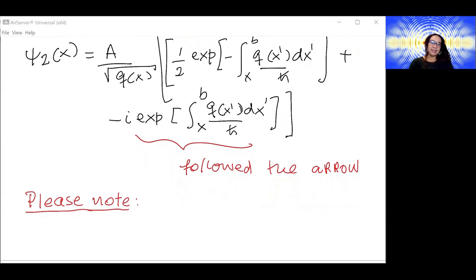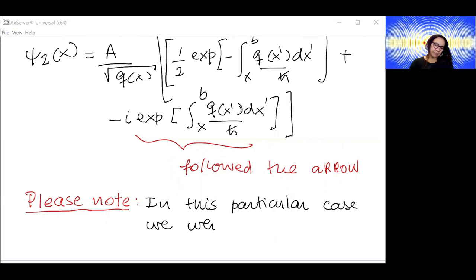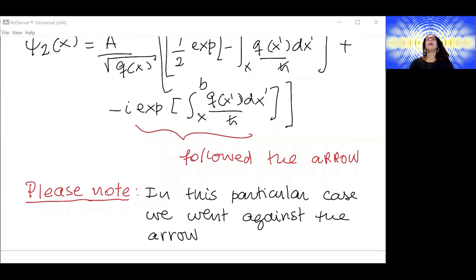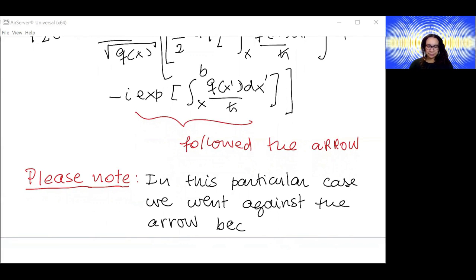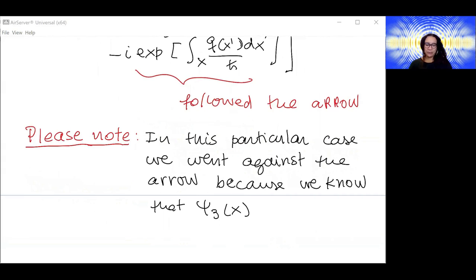But in this particular case, we went against the arrow because we know that psi 3 of x, this means psi of x in the region 3, has to be a traveling wave.